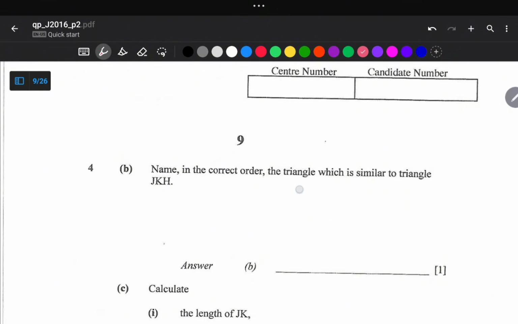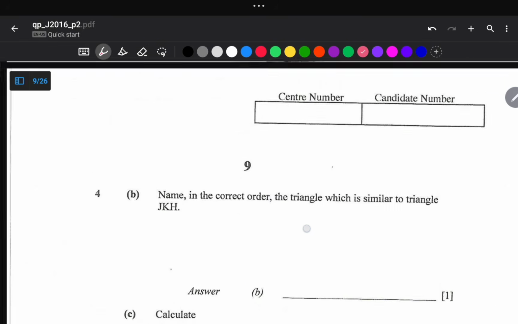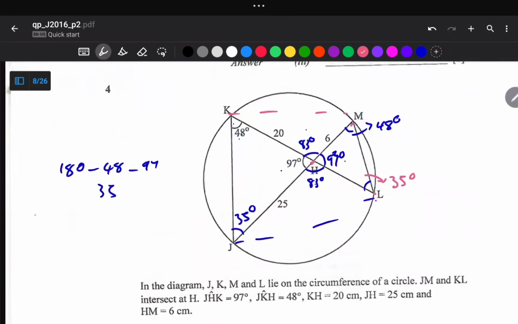And then in the next part of our question, we are required to name in the correct order the triangle which is similar to the triangle JKH. So it is J, K, and H. So we are starting at this angle 35, and we go to 48 and end here at 97.